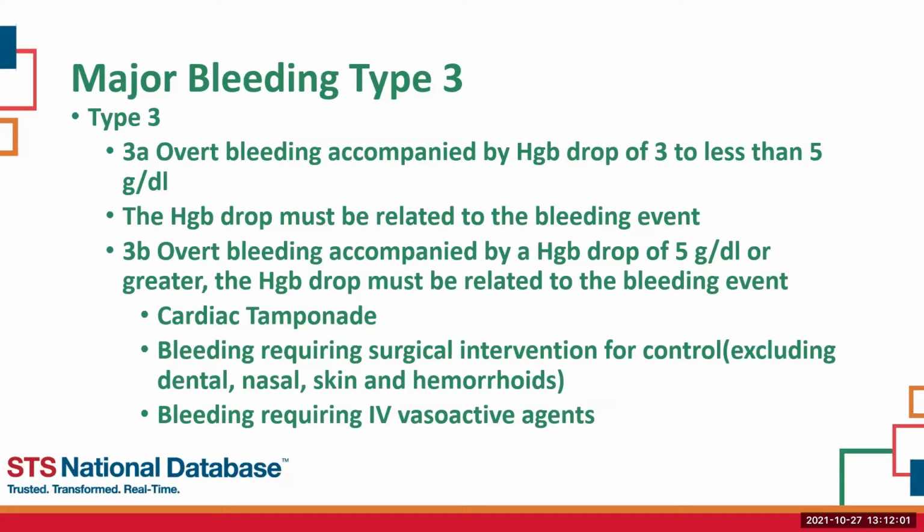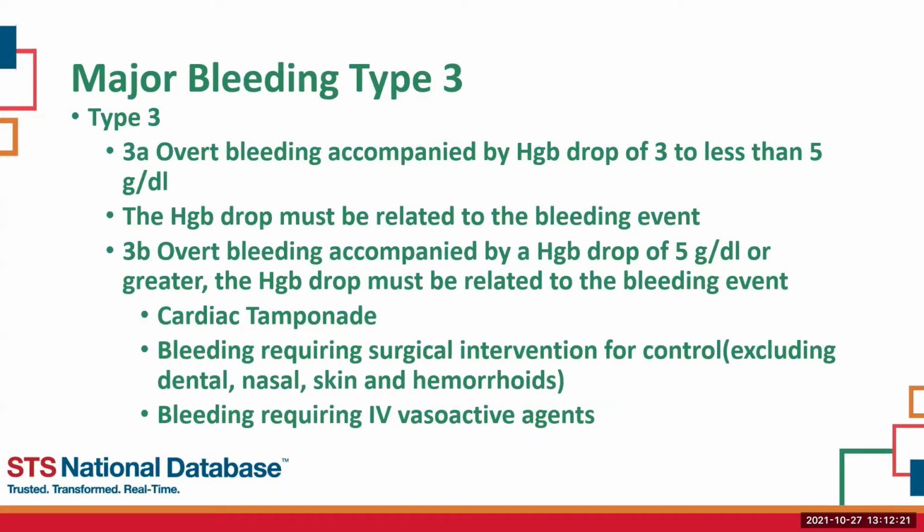Or it could include any bleeds that are requiring IV vasoactive agents. So basically, if there's an action, and then if they receive any IV vasoactive agents to help with the bleed.